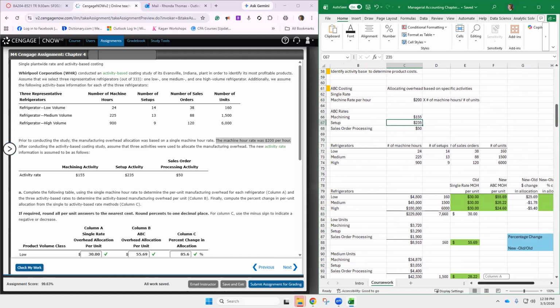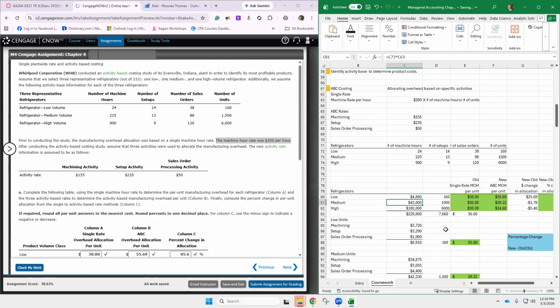So let's go ahead and put down the single rate. How I found the single rate is I took 24 machine hours times 200, and I'm dividing by 160. When you take 24 hours times 200, you get 4,800. Now I don't flesh all of these out.